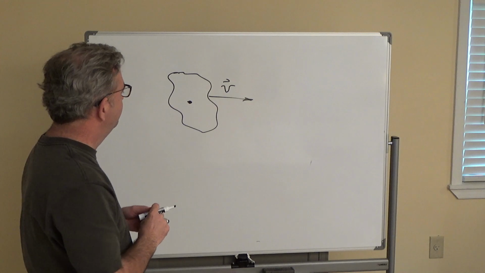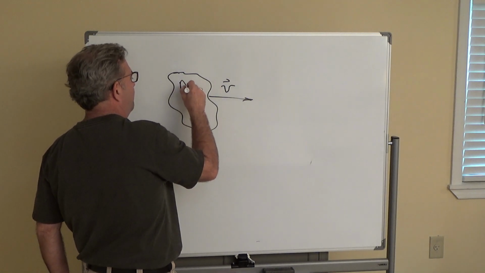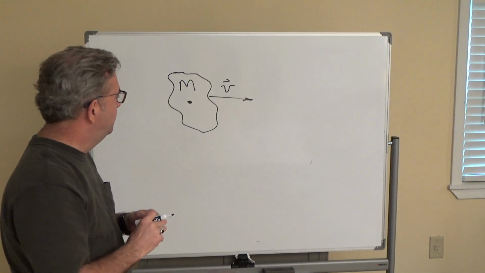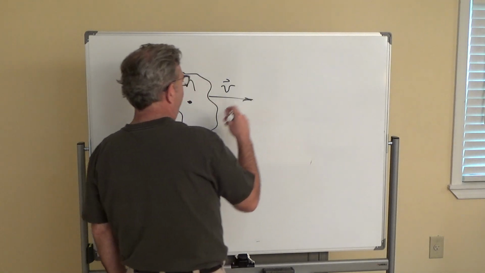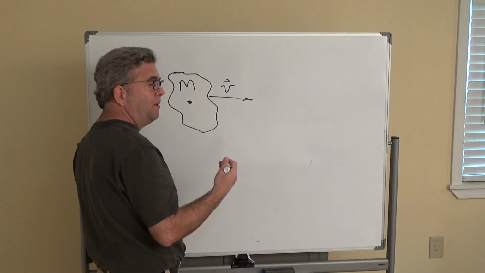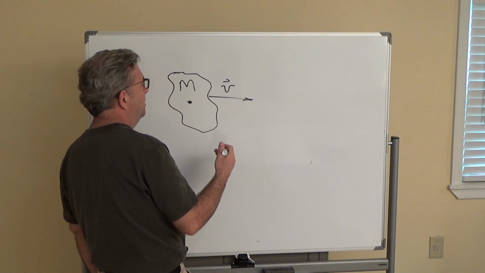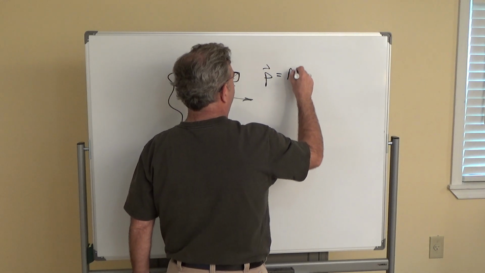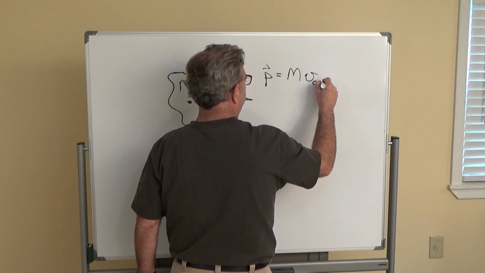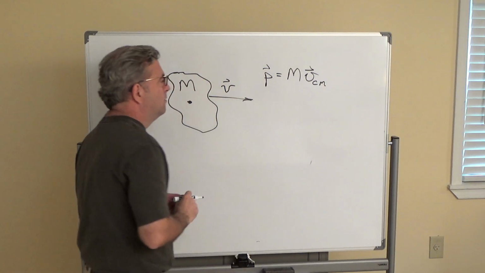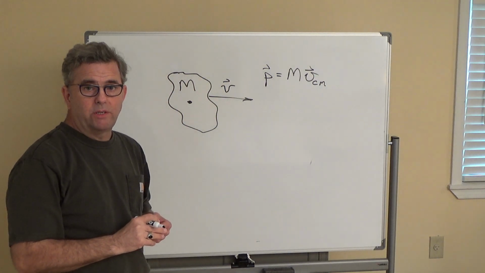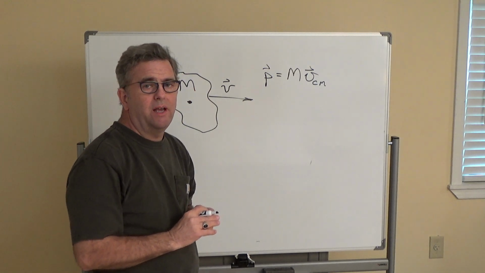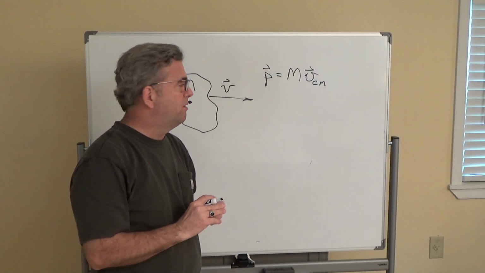It has some big mass M. So the momentum of this object, I'm not including rotations, I'm not talking about angular momentum, is equal to big M, V center of mass, okay? Pretty simple calculation. If we know the velocity of the center of mass and the mass of the object, we can calculate the momentum.